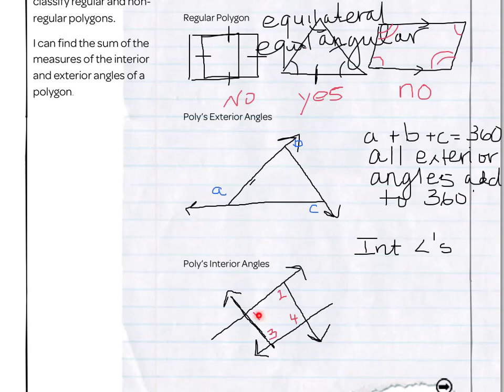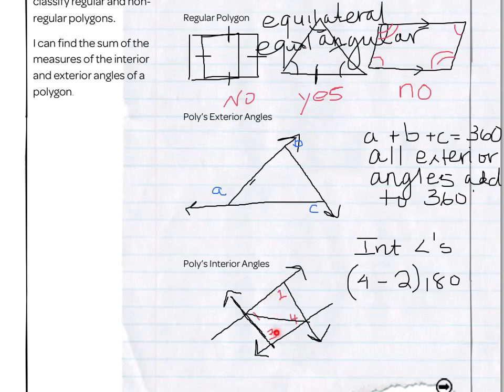Now if you look at a polygon's interior angles, here they are. 1, 2, 3, 4. There are 4 of them. We know this is a four-sided figure, so we figured this out by saying n, the number of sides, which would be 4, minus 2, because we can make a triangle by connecting these two vertices. And we're going to multiply that by 180 because each one of these triangles has 180 degrees inside of it.